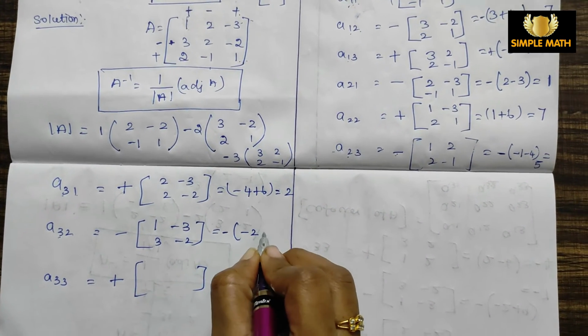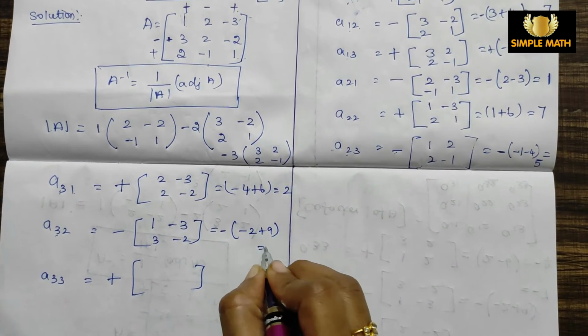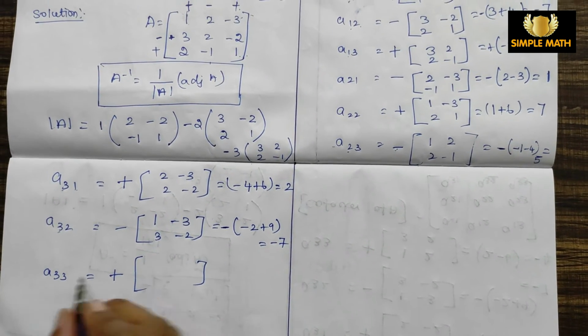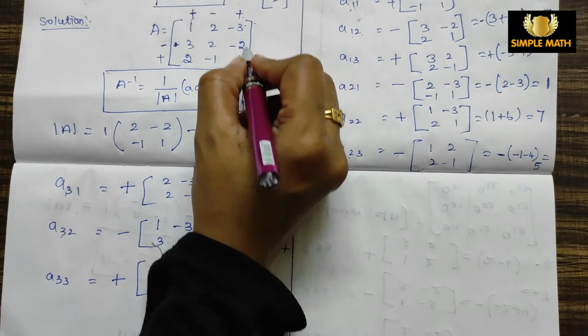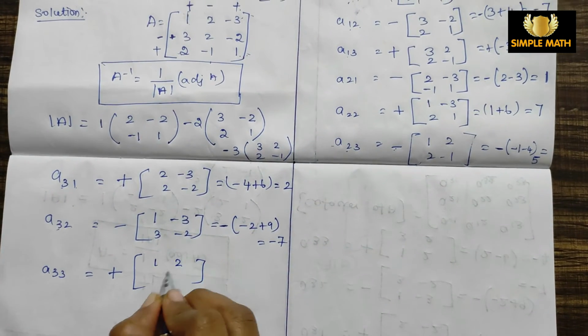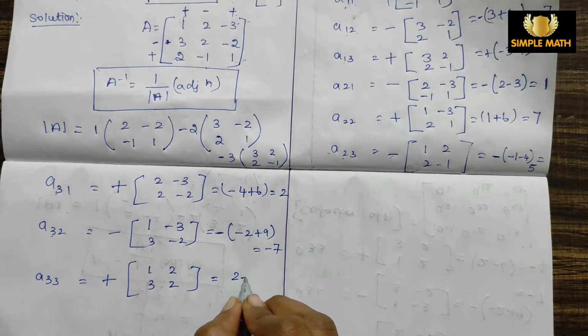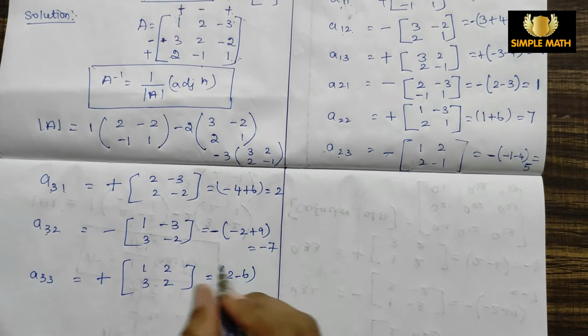So minus 2 plus 9 equal to 7. Next, the A33. A33 is leaving the third row and third column. The remaining factor is 1, 2, 3, 2. So the answer is minus 4.